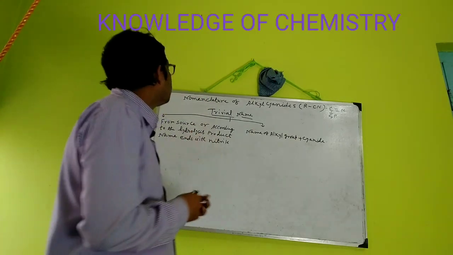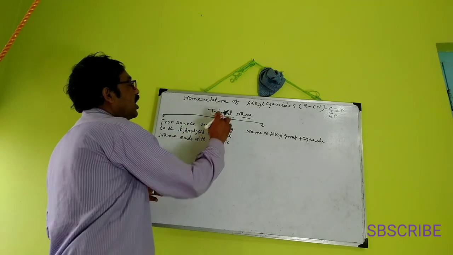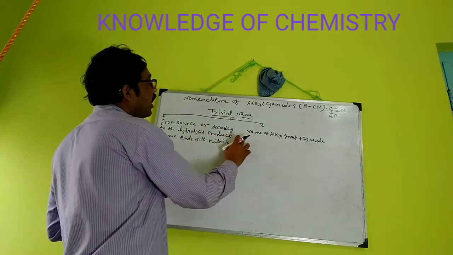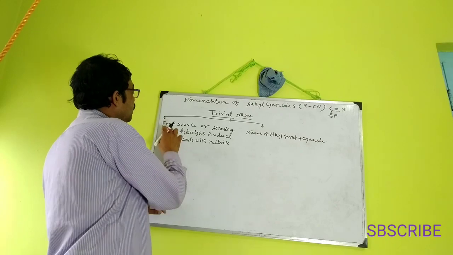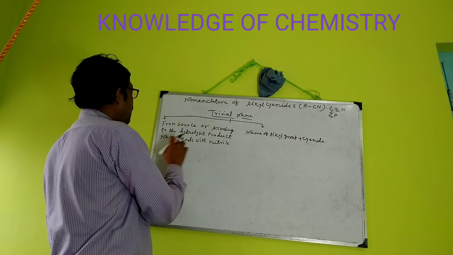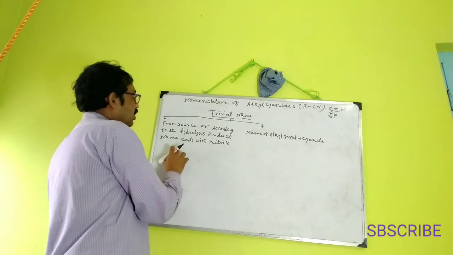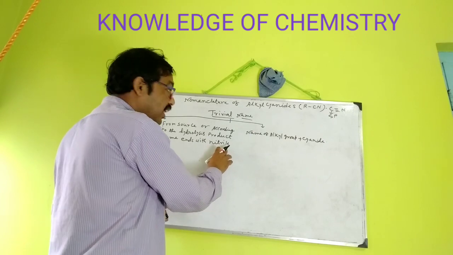Here the trivial name is discussed first. There are two kinds of trivial naming. One of them is from the source or according to the hydrolysis product. The name ends with nitrile.